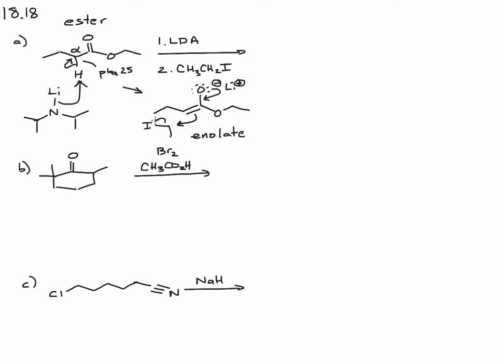We have SN2 displacement. The byproduct of that's going to be lithium iodide, and the major organic product is going to install that ethyl side chain at the alpha carbon. So just for bookkeeping purposes, here's our inorganic product, lithium iodide. If you notice overall what we've done, we've substituted a hydrogen in the starting material for an ethyl group in the product. And this is called an alkylation.